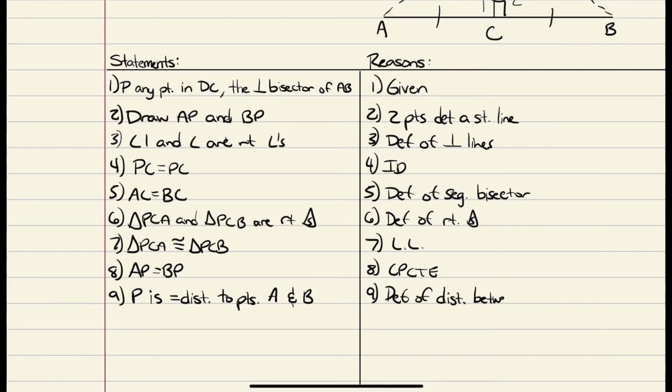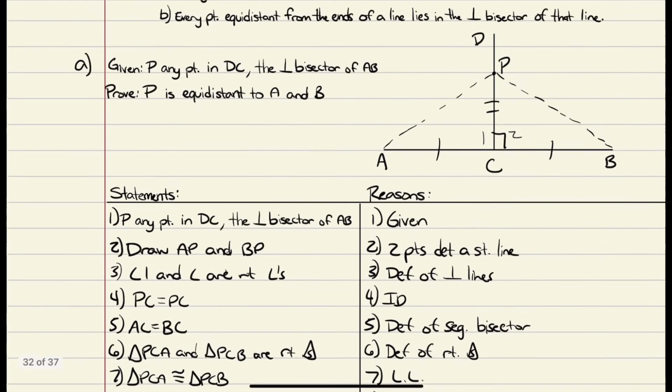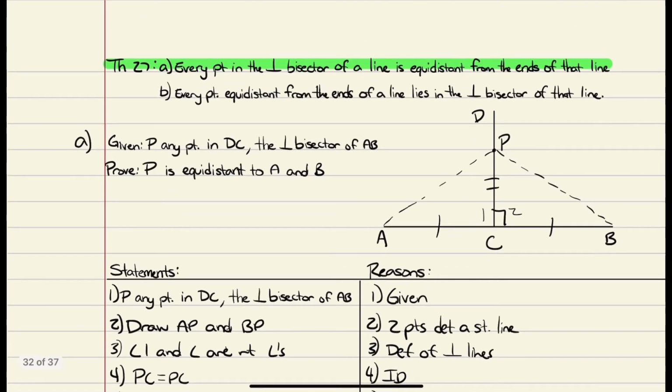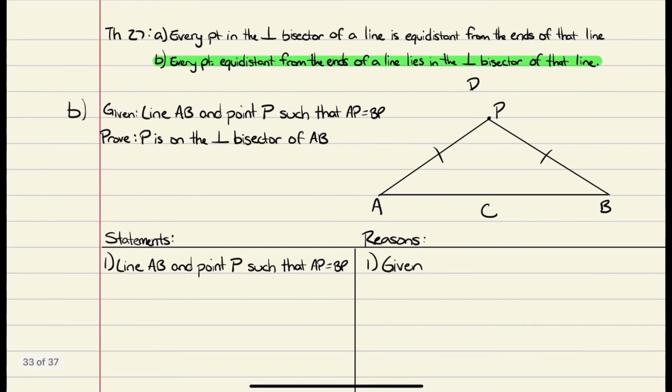That's Theorem 27a. Let's quickly talk about Theorem 27b. It says that every point equidistant from the ends of a line lies in the perpendicular bisector of that line. So this is just the converse of the first part of the theorem. Part A was stating that if there is a point inside the perpendicular bisector, then it is equidistant to the ends of the line.